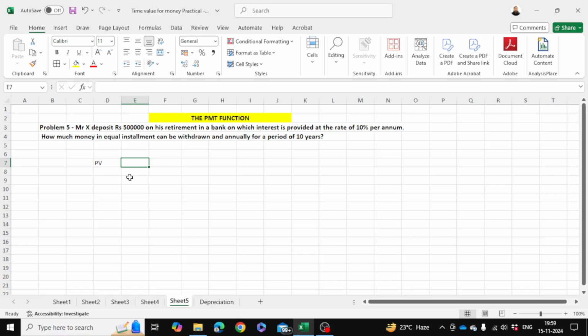How much money in equal installments can be withdrawn annually for a period of 10 years, right? So you have to calculate, if he is investing 50 lakh, what amount he can get annually out of it, right? So present value given here is 50 lakh.